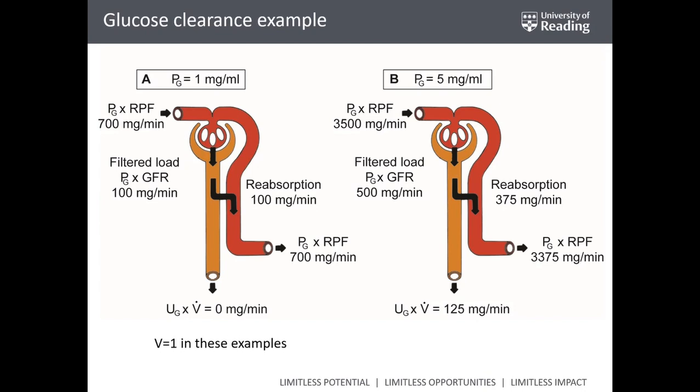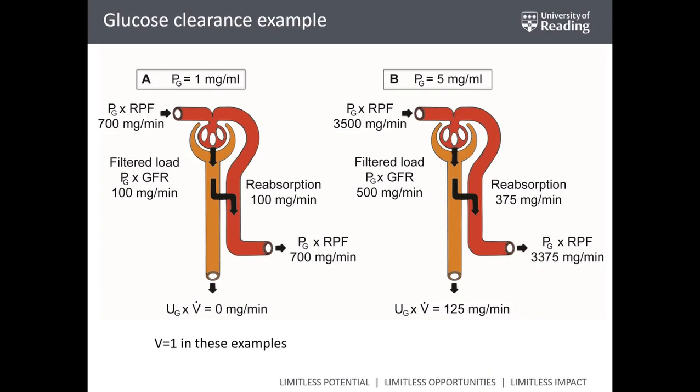So if I have, for example, a concentration of glucose of 700 milligrams per minute entering the glomerulus, this 700 milligrams per minute is equal to the concentration of glucose in the plasma times the renal perfusion rate.